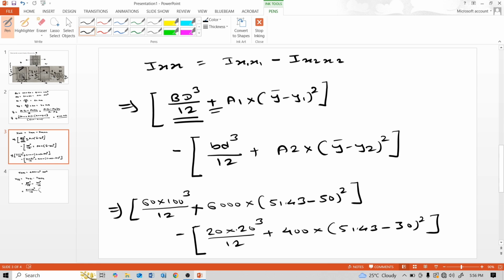Because 20 raised to 4, or 20 into 20 cubed, is the same. 20 raised to 4 by 12 or 20 into 20 raised to 3 by 12 is the same. Both are same.